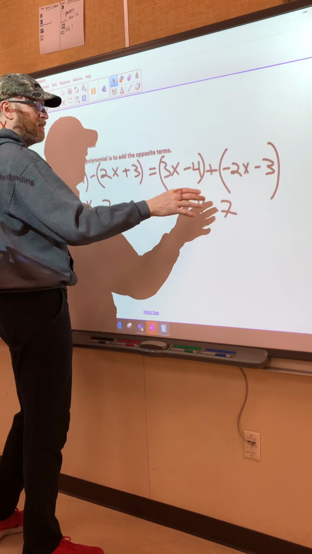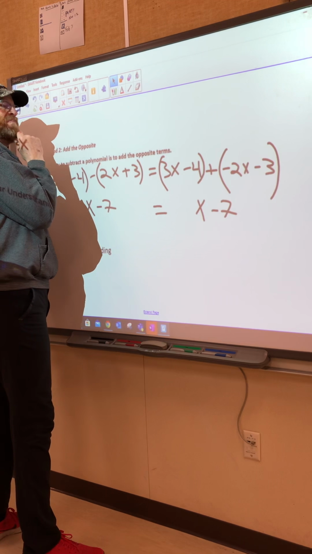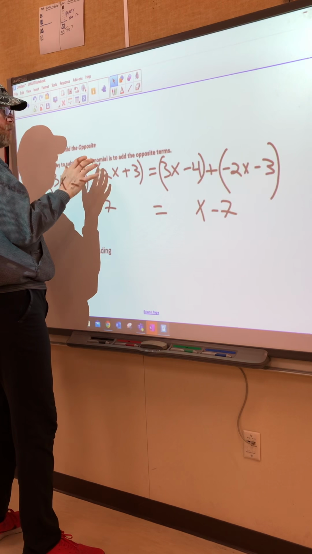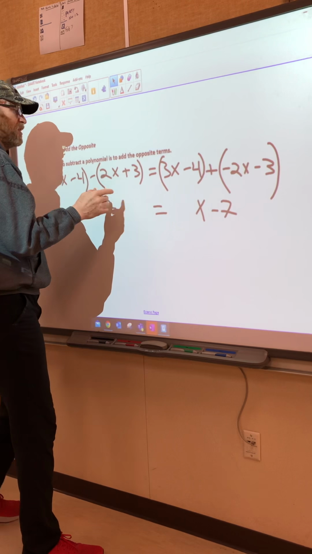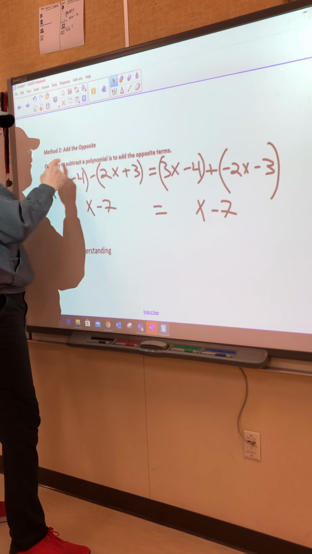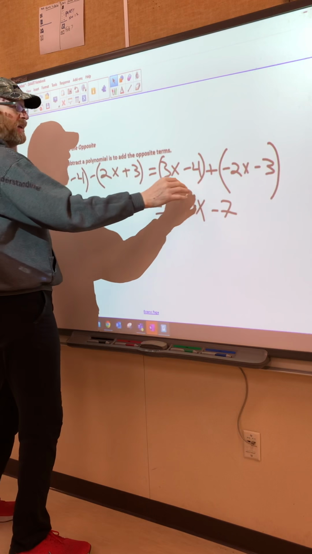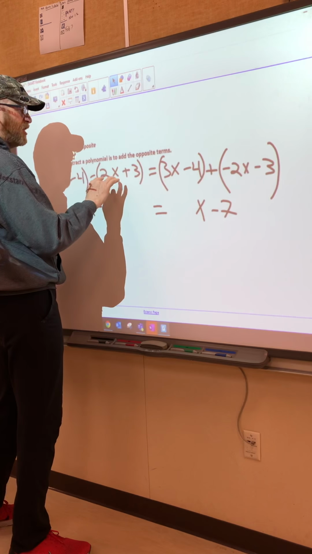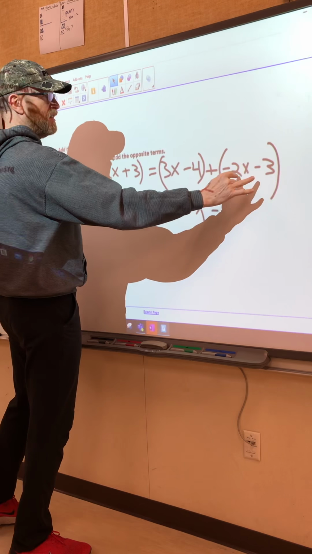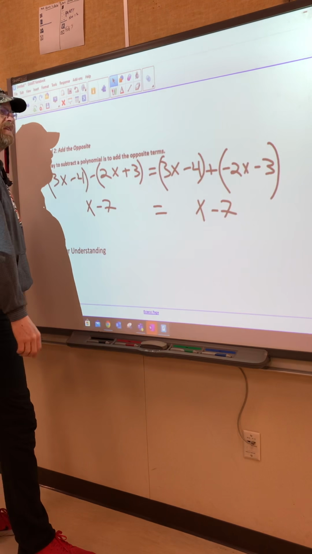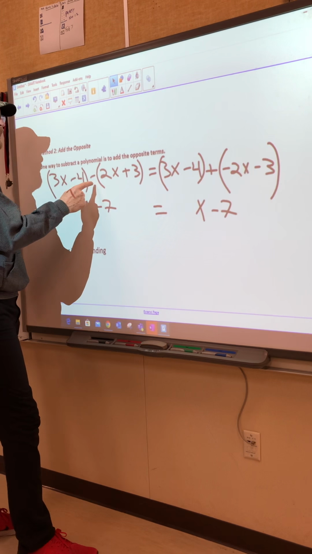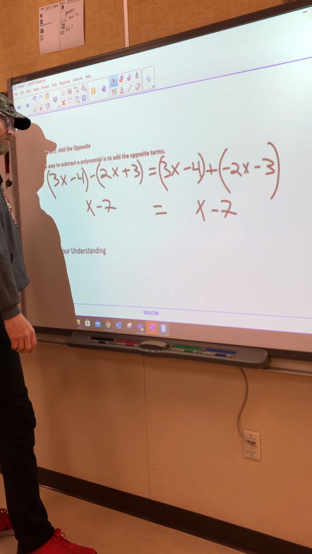It doesn't really matter in terms of the answer you get, what you start with, so long as you remember that this is the same as this here if you change the signs of the terms inside the brackets that follow the subtract, change to an add.